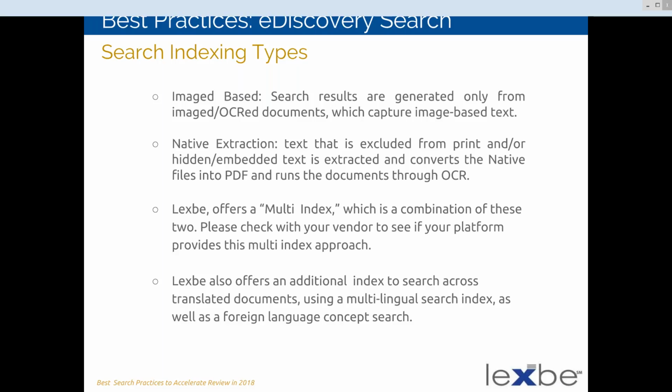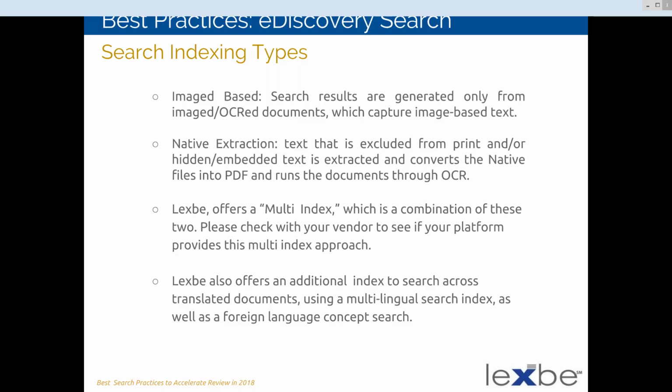The second type is native extraction, and that actually pulls in any text that's excluded from the print or the image-based index, and will also pull in hidden or embedded text, and it will convert your native file into a PDF that will then make that searchable. That is obviously a very important tool if you're talking about being able to see header information, footer information, to ensure that an Excel cell is not clipped.